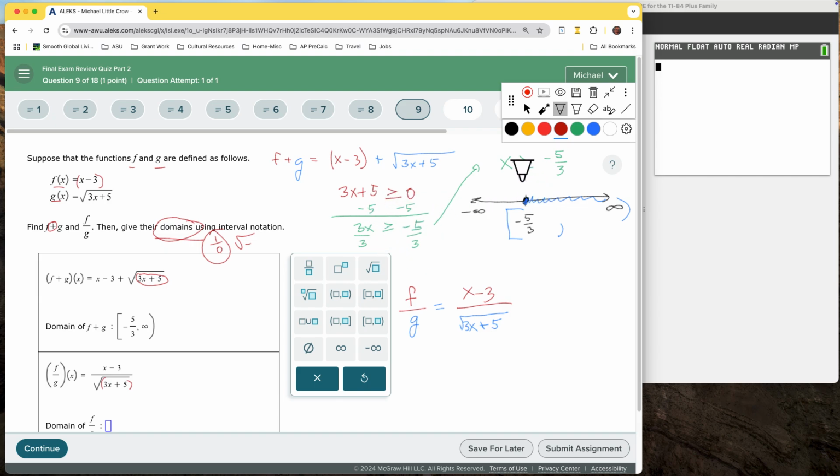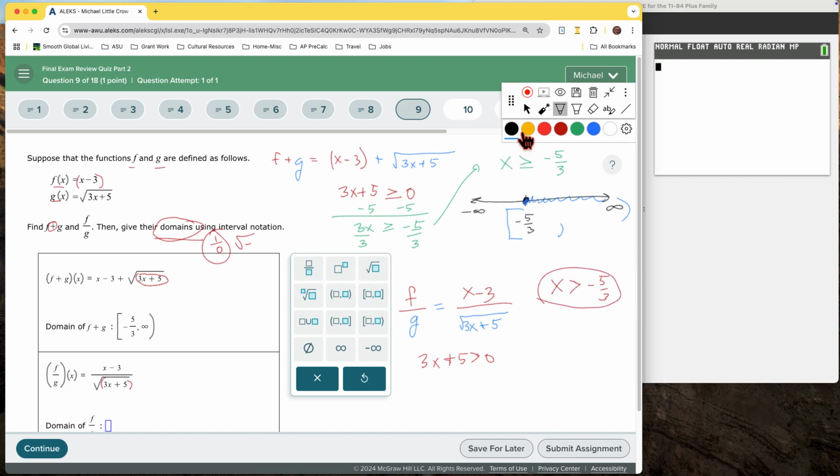We could basically just say, okay, it's what we had, but we'll take off the negative. So we can say our domain is going to be x greater than negative 5/3. You could also start over and say 3x plus 5 is greater than 0, but it can't be equal to 0. And then you go through the same process. So yes, we're going to end up at this place here.